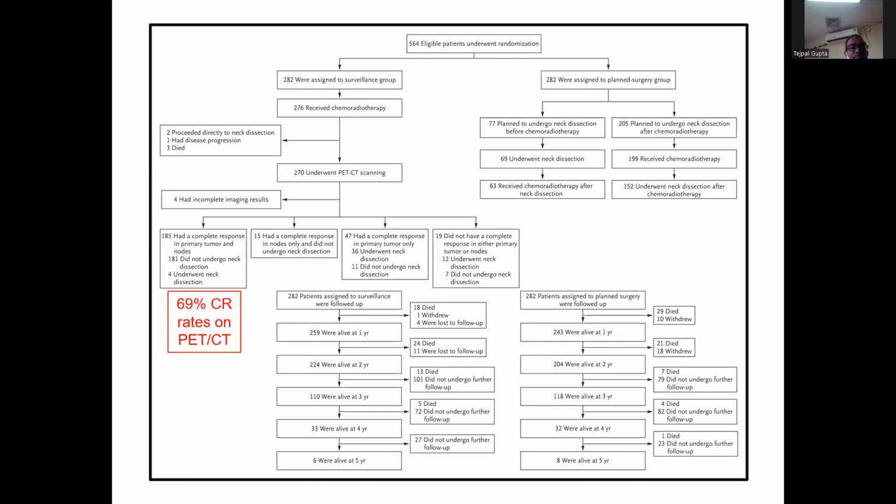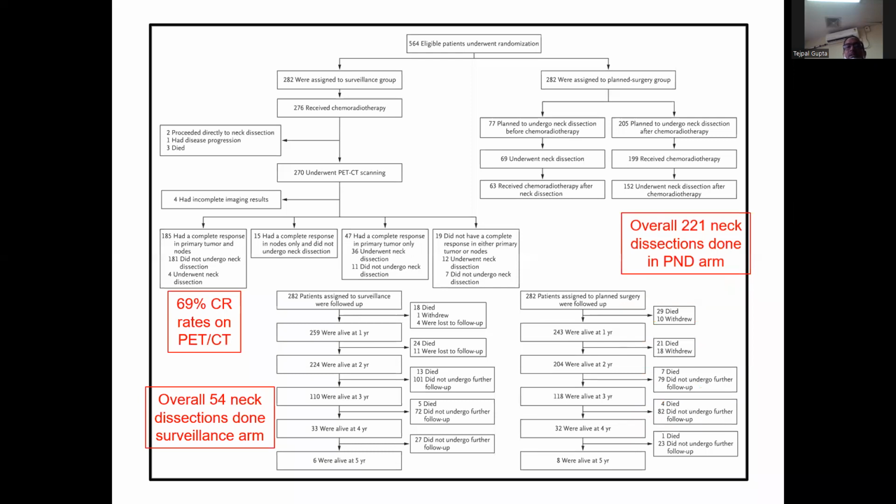Nearly 70% of the patients had complete response on PET CT. And overall, a total of 54 neck dissections were done in the surveillance arm because of either residual disease or equivocal PET scans. As far as the control arm, which was the planned surgery group, 221 neck dissections were done in the planned neck dissection group.